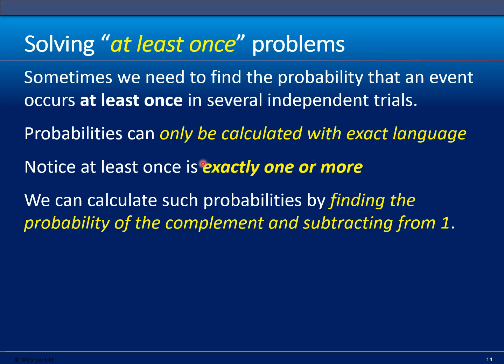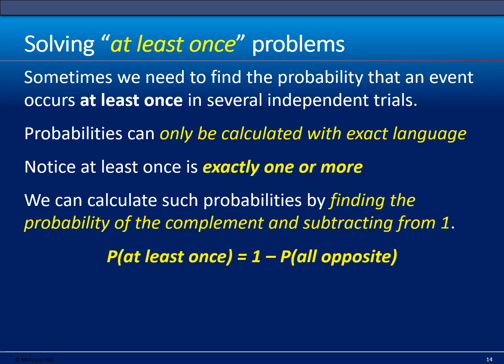For example, if we were flipping a coin 5 times and we wanted to know the probability of getting at least 1 head, the probability of getting at least 1 is 1, 2, 3, 4, or 5 heads. The complement of that is getting 0 heads, and that means all of them would be tails. Okay?